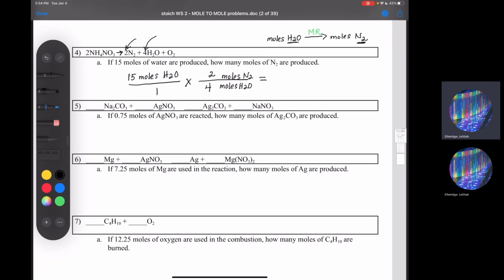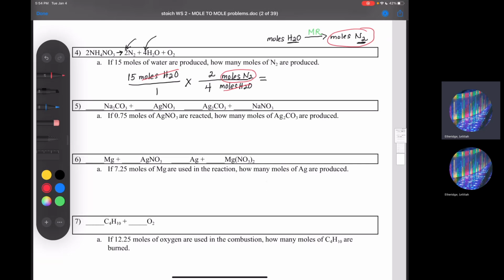Now all you're going to do is do the math. Your units cancel and you end up where you're supposed to be because the question is asking you for moles of nitrogen. It is 15, basically divided in half.